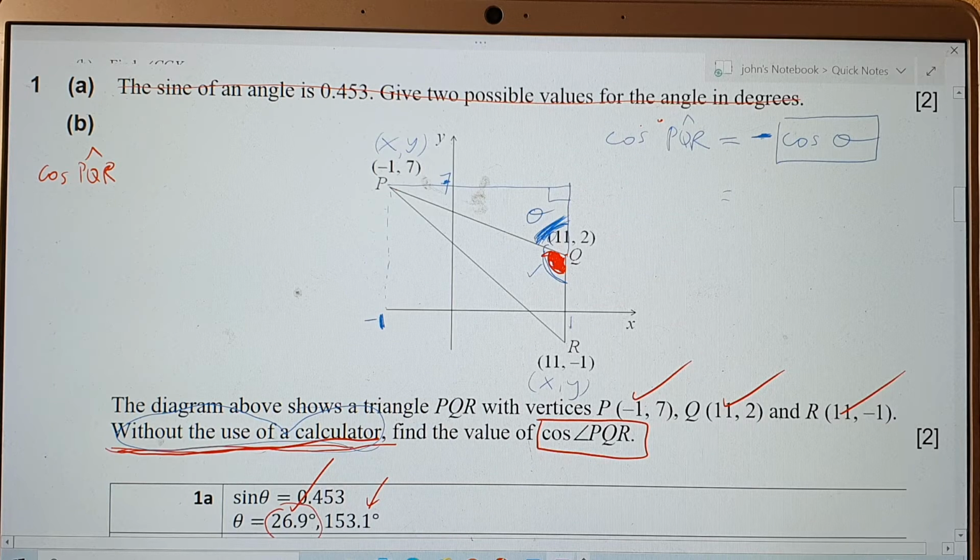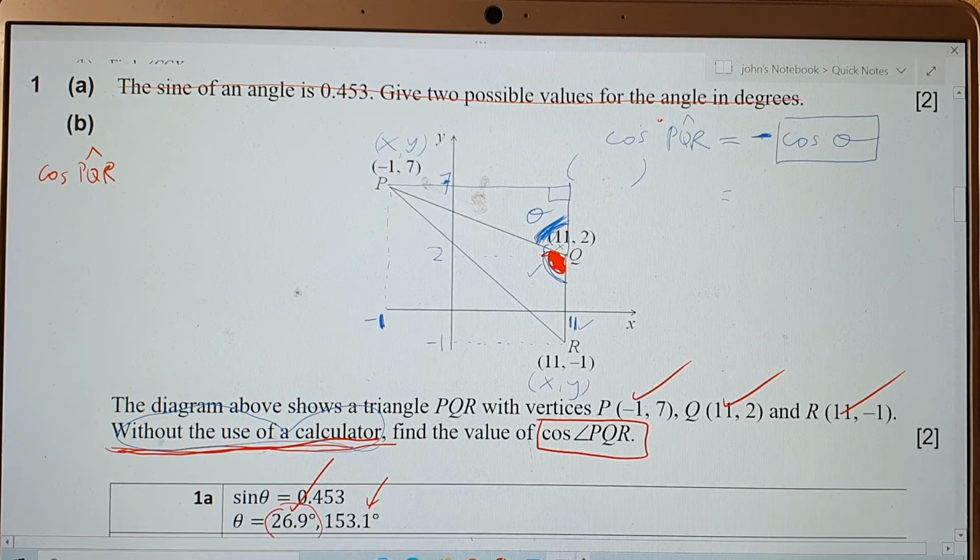So isn't this 11? And isn't this minus 1? This x is 11, which is here already. Then isn't this 2?